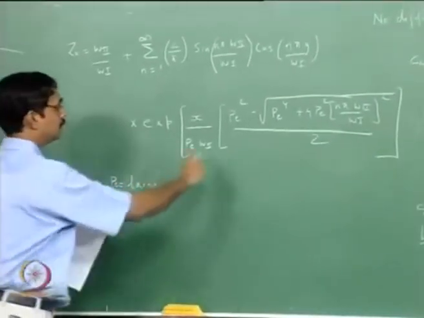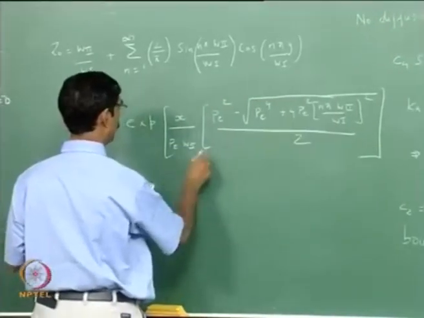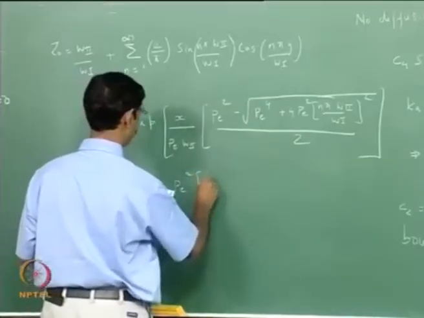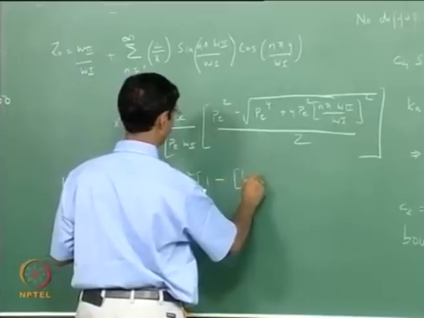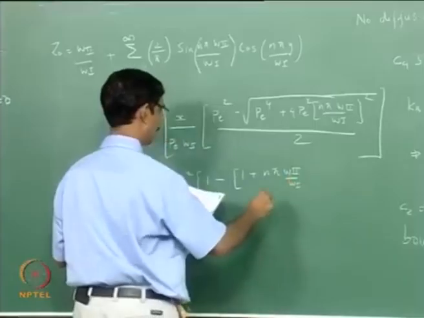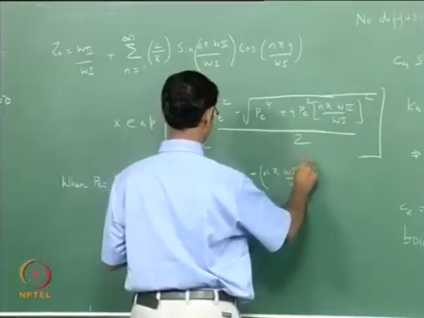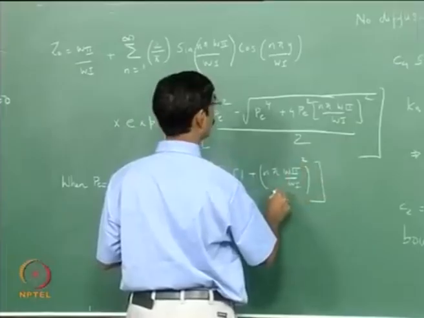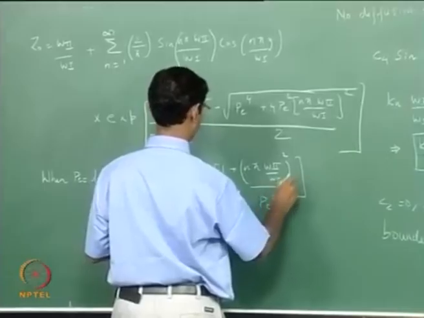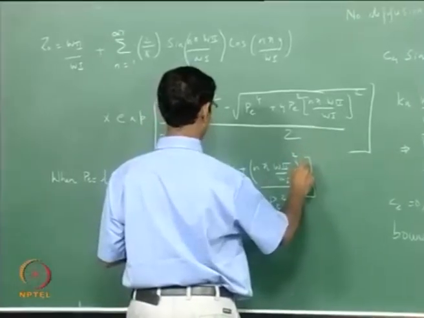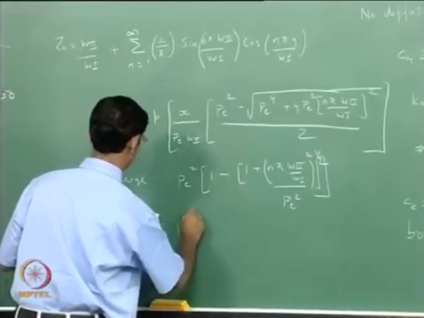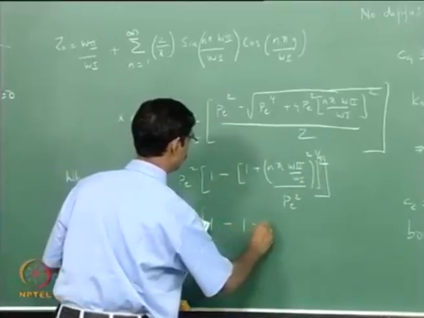Then we can simplify this expression. So this term inside the bracket will become Pe squared into 1 minus 1 plus n pi W2 over W1 whole squared divided by Pe squared over half. So this would be Pe squared into 1 minus 1 minus.